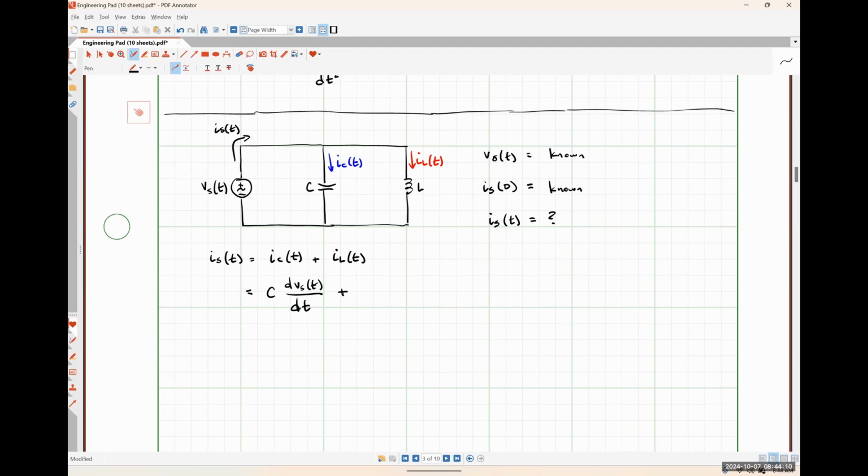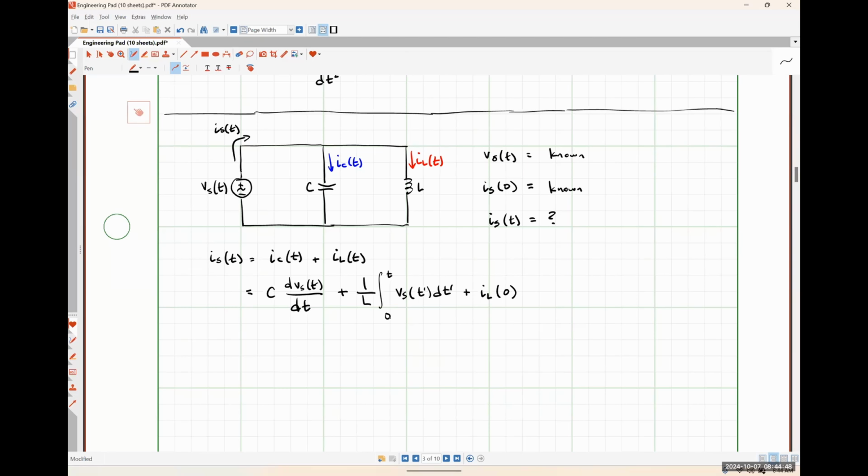How do we get inductor current if we know what the voltage drop across the inductor is? That's the integral-based relationship. So that would be 1 over L times the integral from t naught to t of Vs of t prime dt prime plus IL at, let's say, 0 here for our t naught.